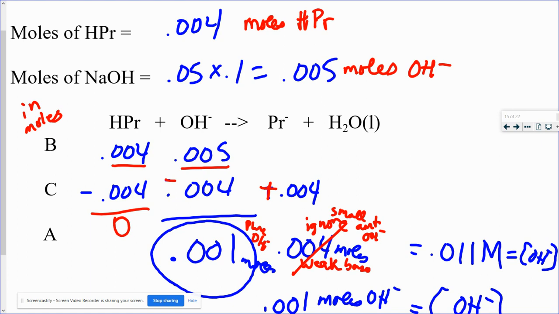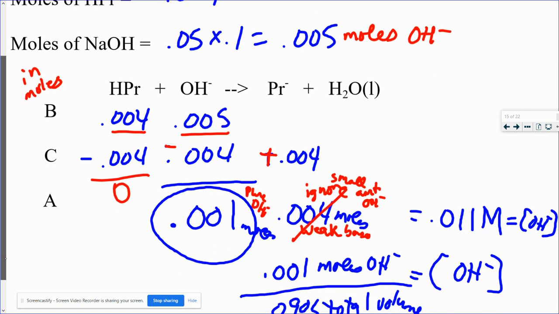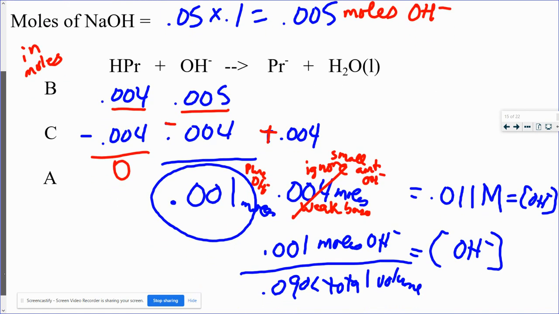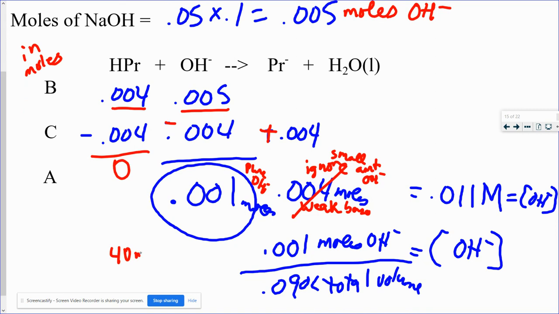We do need to put that back into a molarity. So now we've added 40 milliliters of acid to 50 milliliters of NaOH for a total of 90 milliliters. So the moles of OH minus divided by the total volume of 0.090 liters gives me my molarity of my OH minus, which is 0.011.